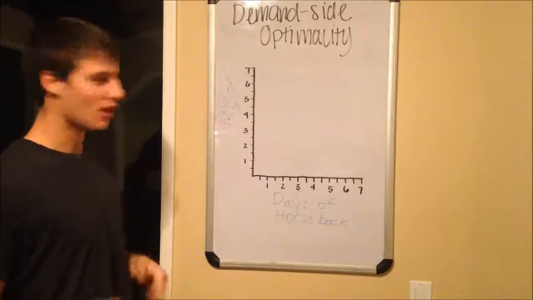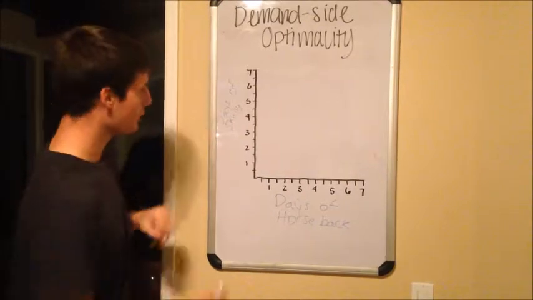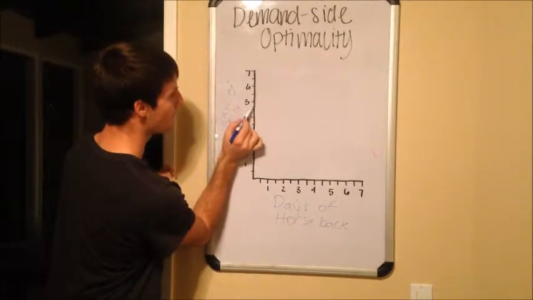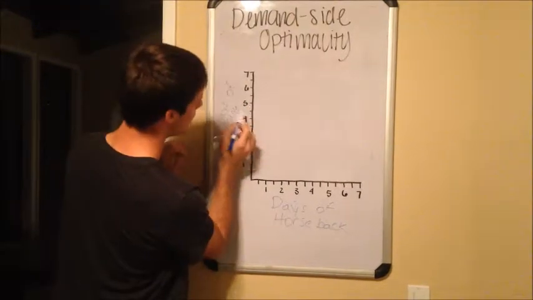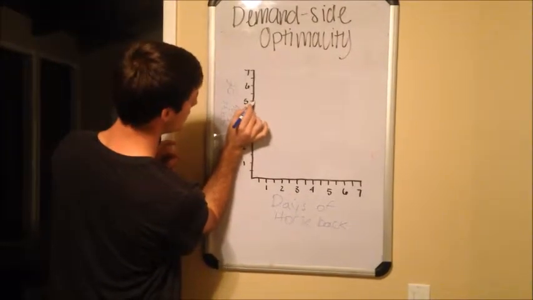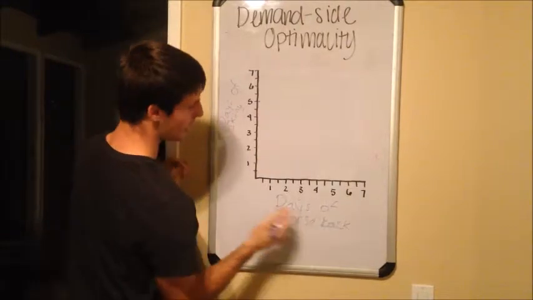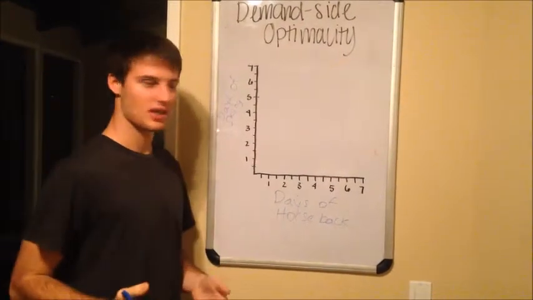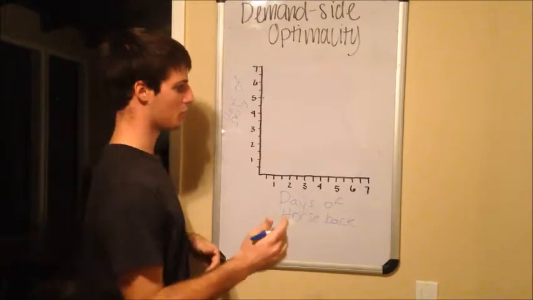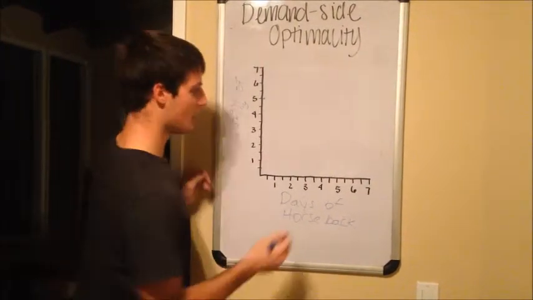So if you were to spend all of your money on days of skiing, you would be able to purchase 5 days worth for $50. So you take this point here and then you do the same thing with days of horseback riding. You spend all of your budget on days of horseback riding, which would be 5 days or $50.